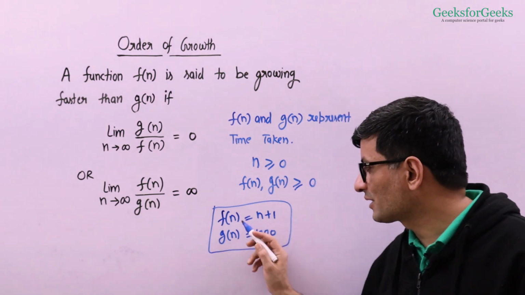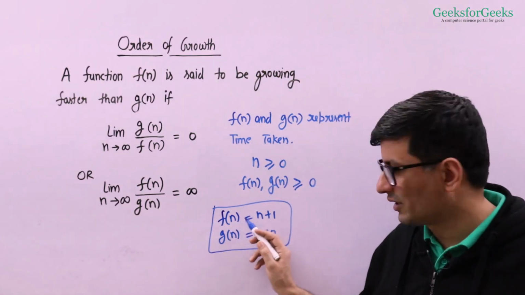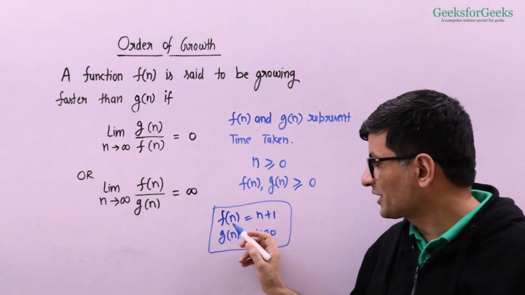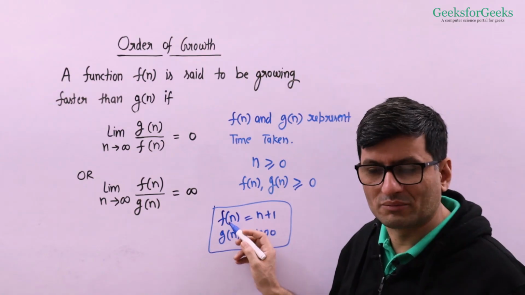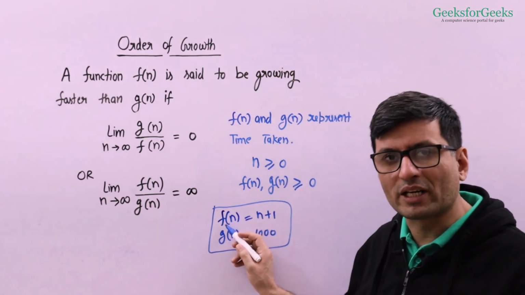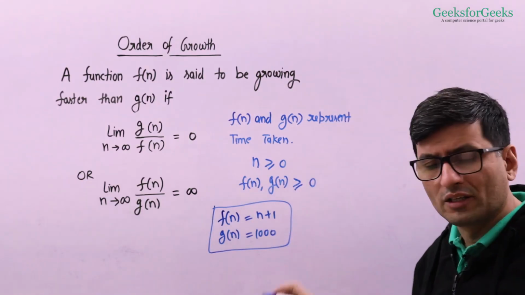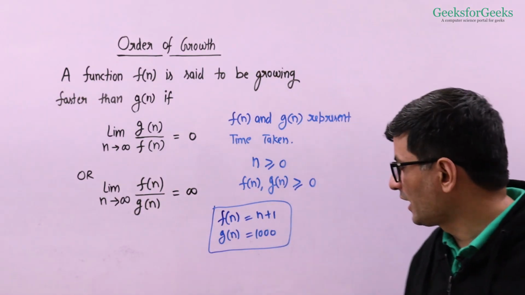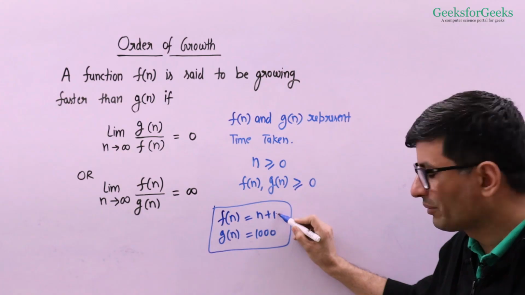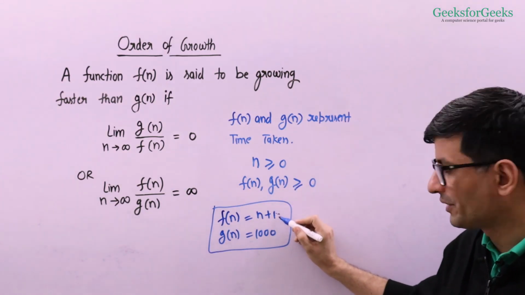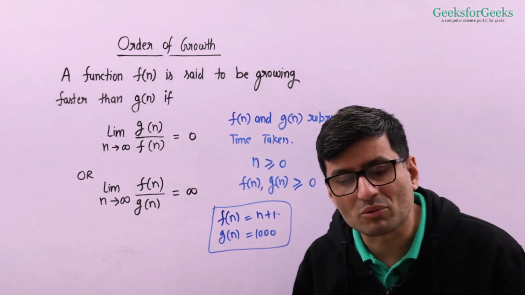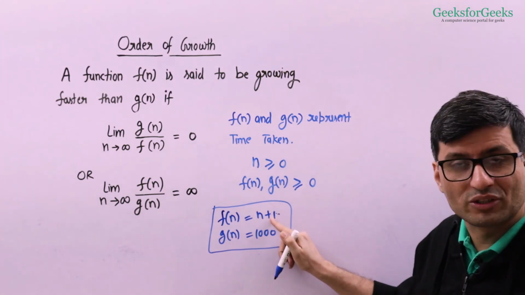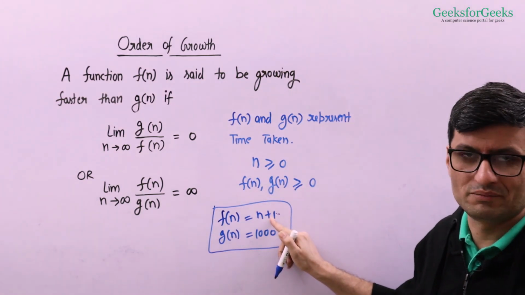Now, the order of growth of f(n) is definitely more because it's growing linearly in terms of input size and g(n) is constant. So we are saying f(n) is a bad algorithm. But if the user never provides a value more than 999, then this algorithm is going to take less time, right? After 999 this value is going to be definitely higher. We have seen this in the previous video.